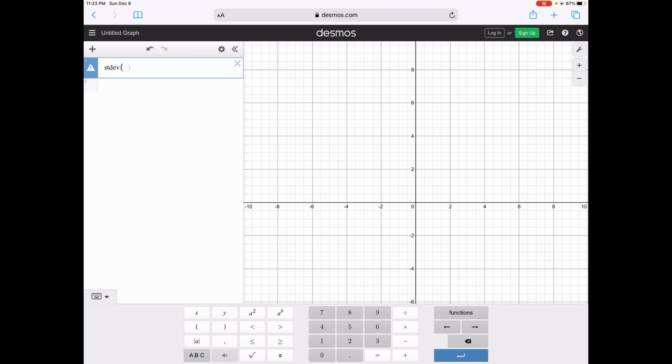data values. They were 80, and then it wants us to use a comma to continue putting in data points. So we have a 70, 60, there was another 70, an 85, a 100, and a 90.